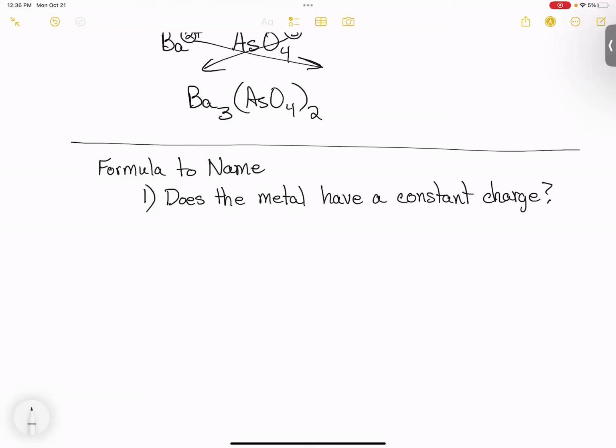Is it group 2? Is it silver, cadmium, zinc, aluminum, gallium, or indium? If it's one of those, then yes. So you're going to name the metal and name the anion.